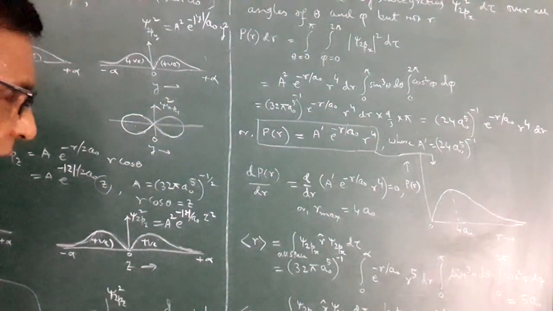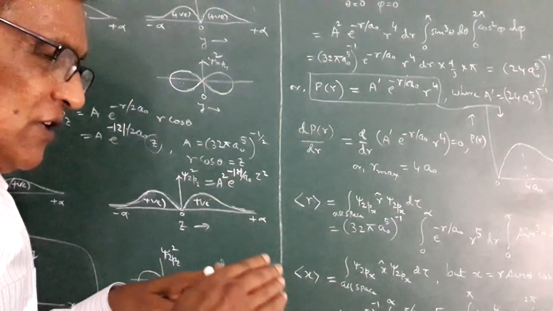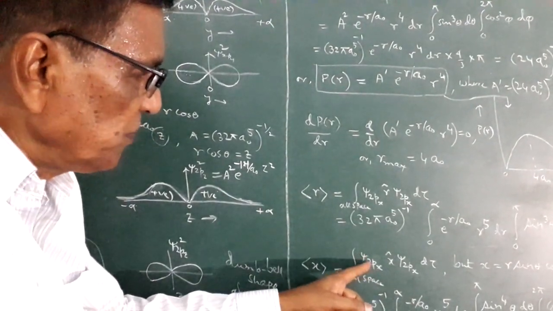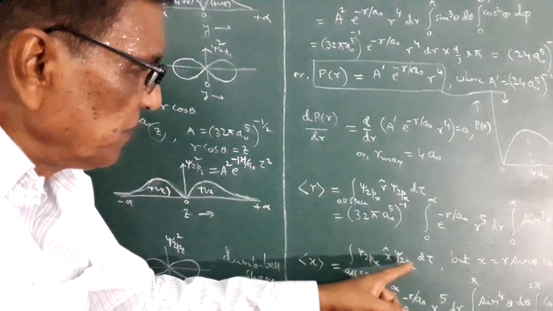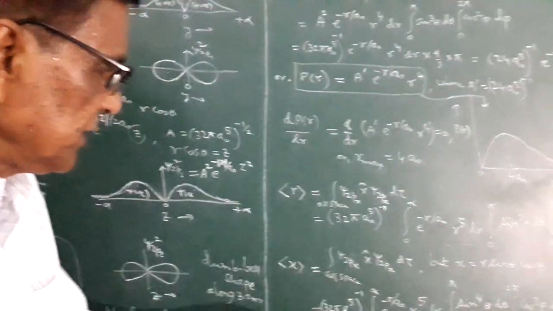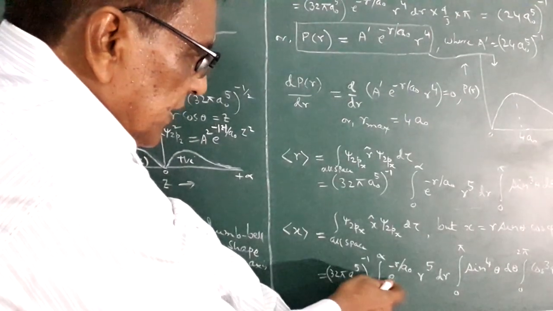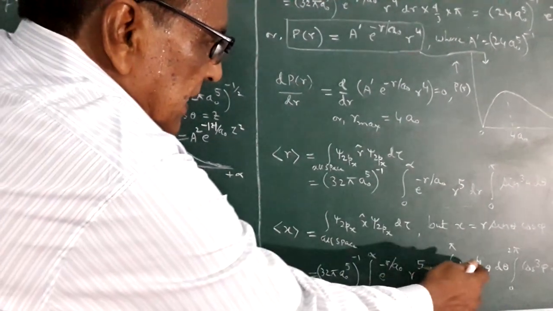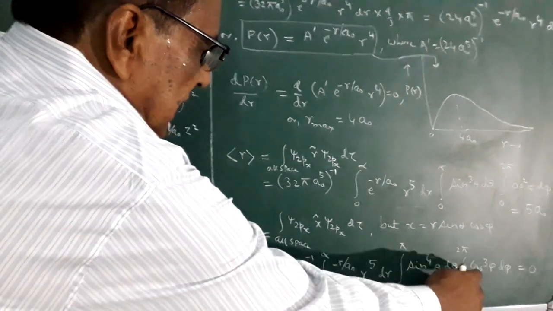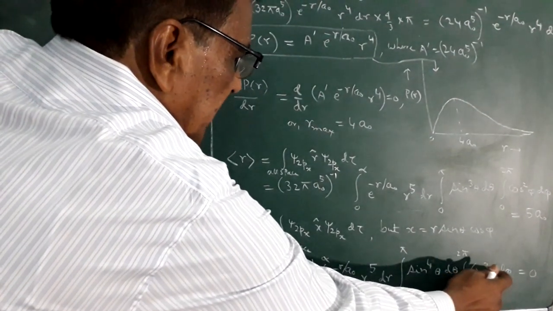And if we calculate the average value of position along the x-axis, it will be the all-space integration of psi 2px star, x cap, psi 2px d tau, and x equal to r sin theta cos phi. When putting in this value, 32 pi a naught to the power 5 whole to the power minus 1, the integral from 0 to infinity of e to the power minus r by a naught r to the power 5 dr, then 0 to pi sin to the power 4 theta d theta, and 0 to 2 pi cos cube phi d phi.